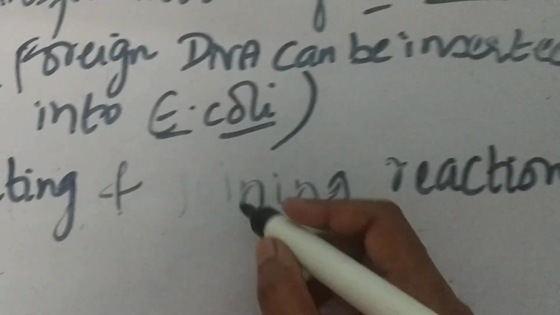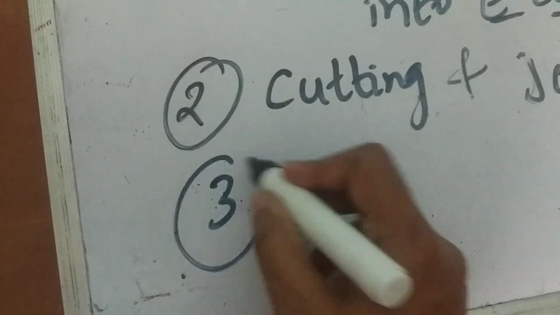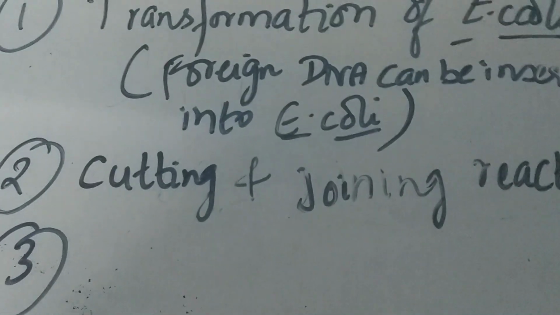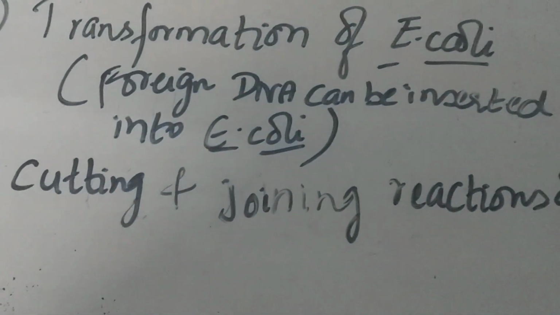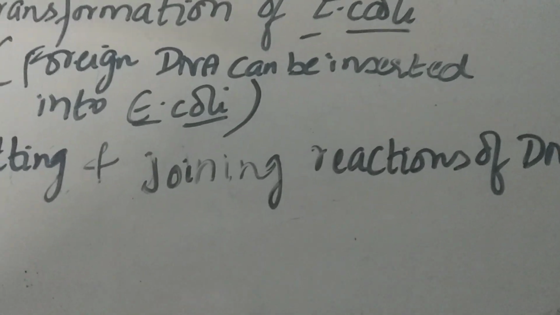Cutting and joining reactions of DNA were discovered. And cutting and joining reactions of DNA means they found out mechanisms by which they can cut DNA wherever they want and they can join DNA wherever they want.